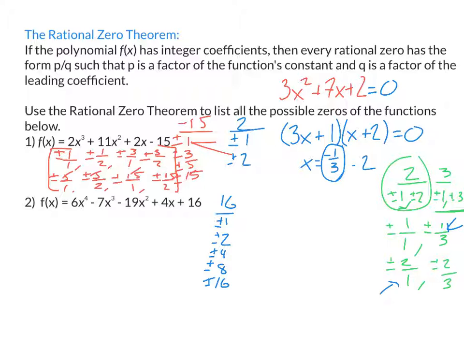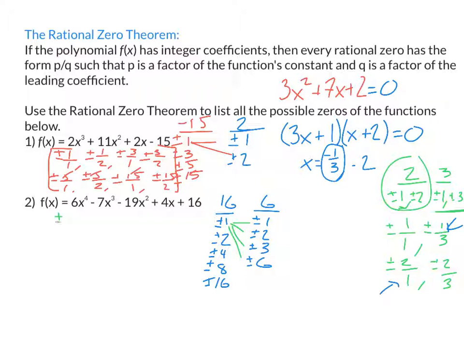And then the 6 has possibilities of plus or minus 1, plus or minus 2, plus or minus 3, plus or minus 6. So when I make this list, again, I'll start with the 1, and I'll match it up to all 4 of these.